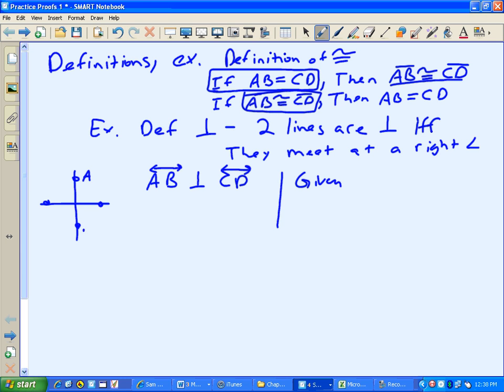If this is A, B, and this is C, B, they meet here at angle 1. I can say that angle 1 is a right angle. That's what the definition of perpendicular tells me.